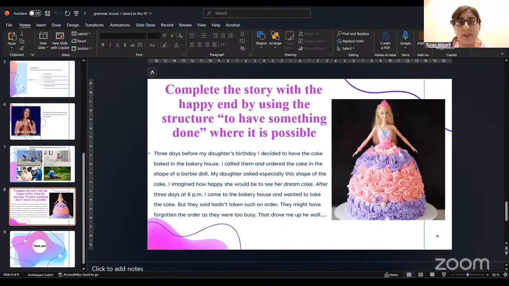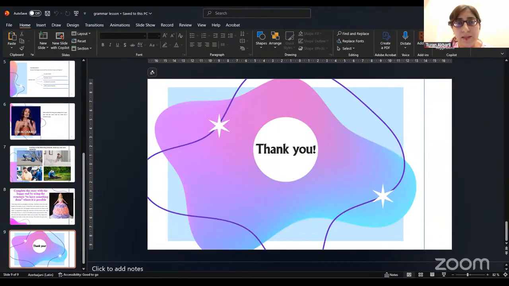The main purpose is to complete the story, to improve their writing skills and simultaneously use the structure to have something done where it's possible. So this is one lesson plan.